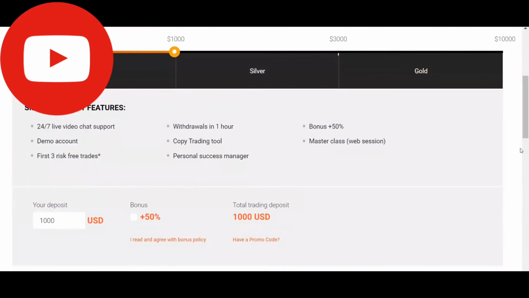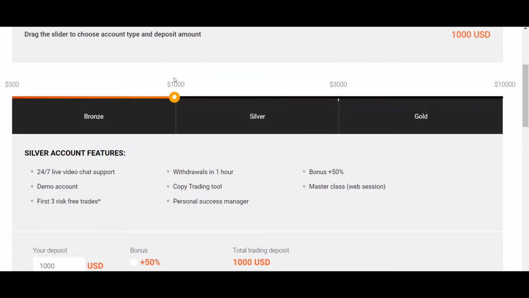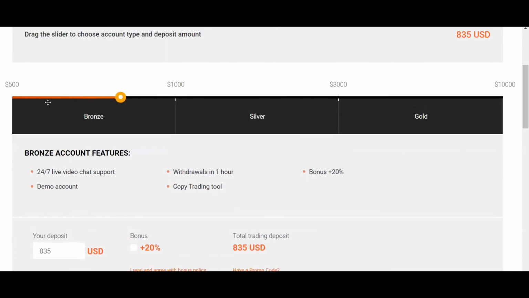So under account funding, you just click on account funding once you made your account. So right here, it's not going to give the option of 250 because I already set up an account. So now my option is 500, 1,000, 3,000, 10,000, and so forth.